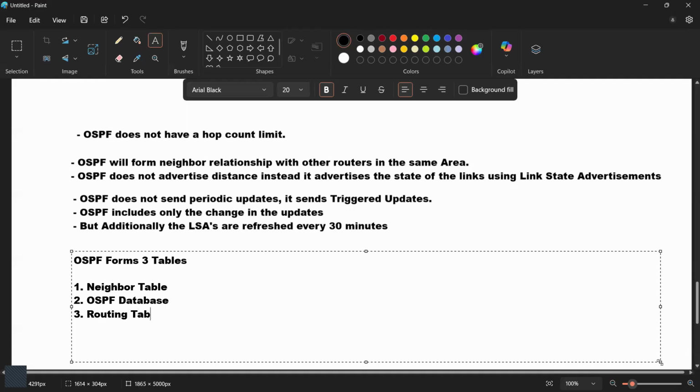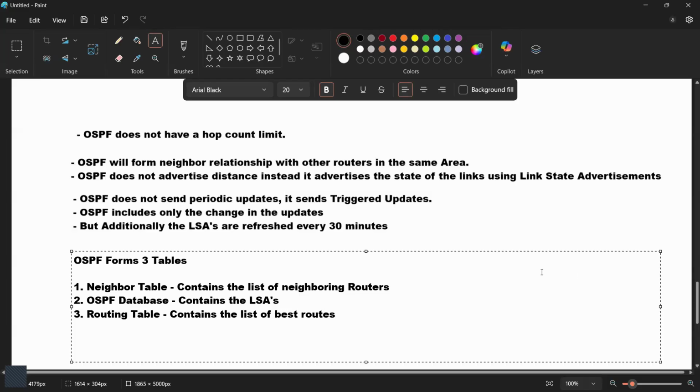Number 3 is the routing table. Clear? The neighbor table contains the list of neighboring routers, the topology table contains the LSAs, and the routing table contains the list of routes.